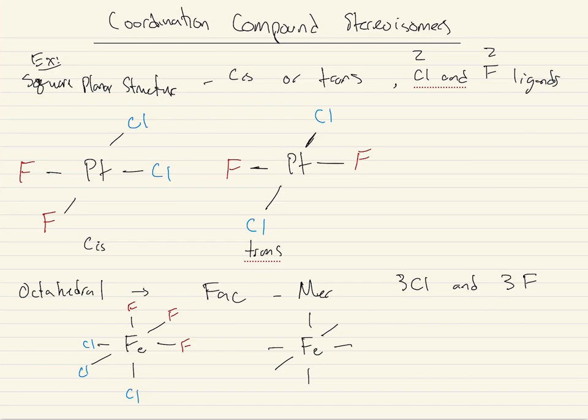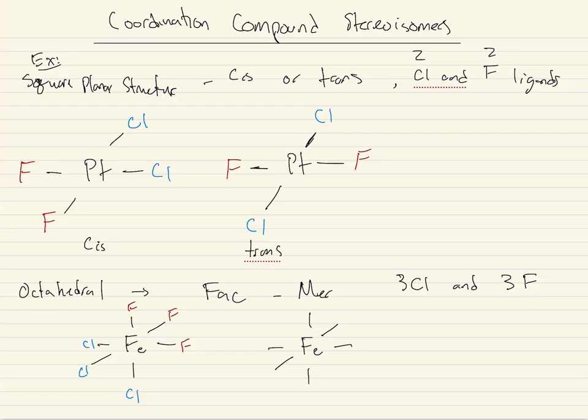4 different triangles, right? There's going to be one triangle right there, another triangle right there, another triangle right here, and a triangle in the back as well. So there's going to be 4 different triangular faces. The vertexes of one of those triangles is going to have all the same ligands on it, right?